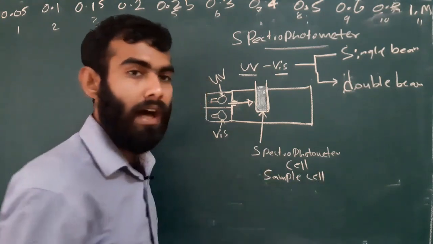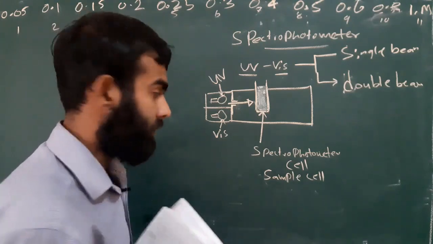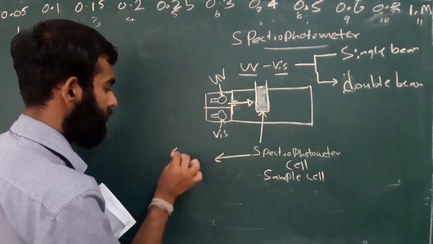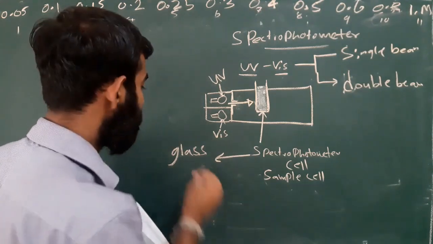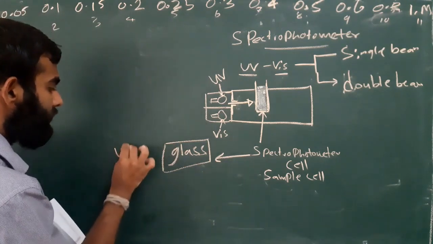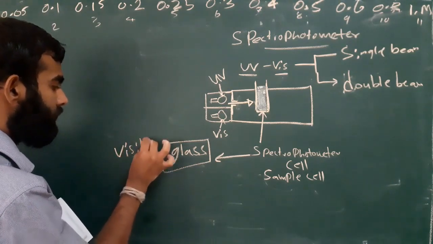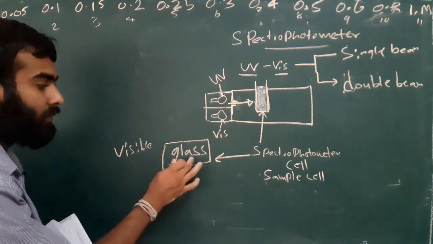These sample cells are produced from a few materials. One is glass. We will use glass cells when we are dealing with visible light.